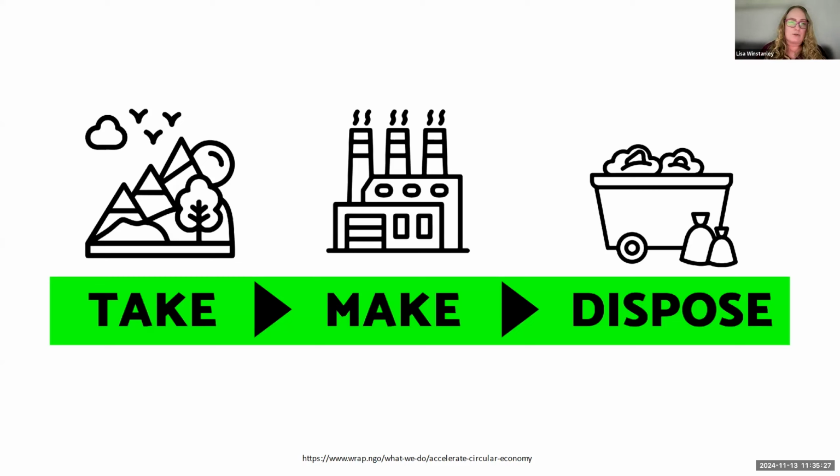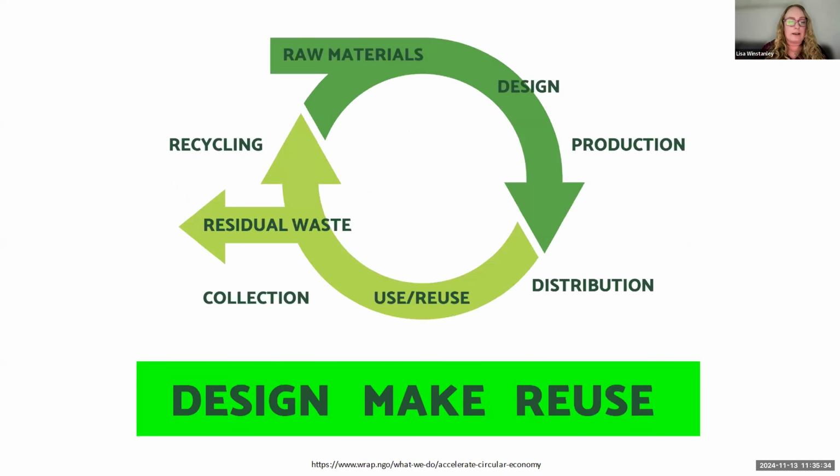So this particular iteration of this course was much more about engaging a circular economy, which looks at how we design, make, and reuse objects with the explicit goal of reducing residual waste. So how we can better work with raw materials and how we can better understand the creative process so that there's less waste, basically.